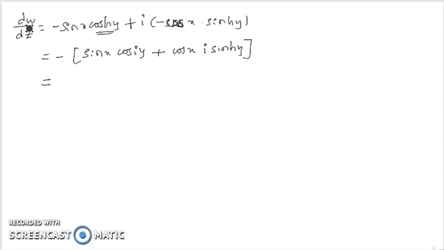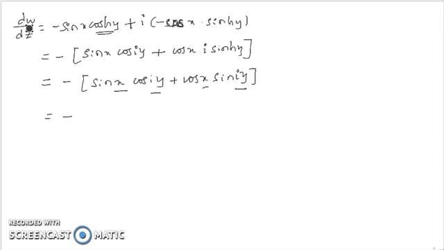This again, how can I simplify? Minus sin x cos iy plus cos x sin iy.